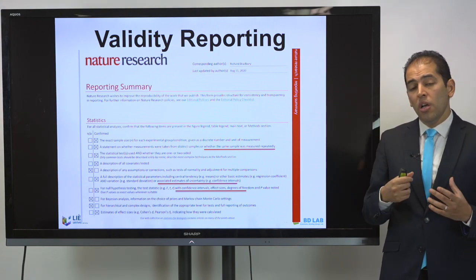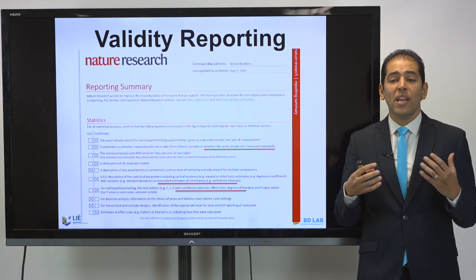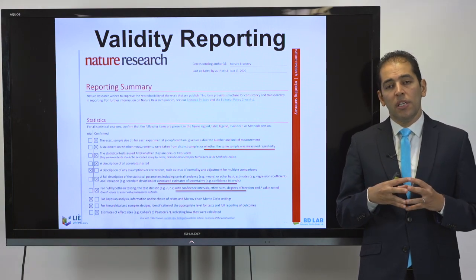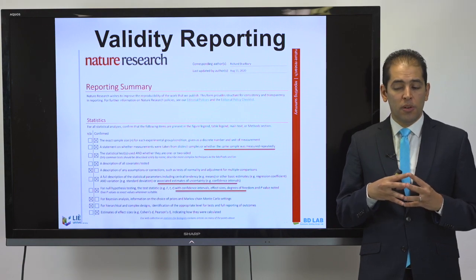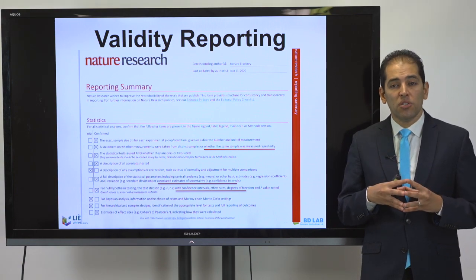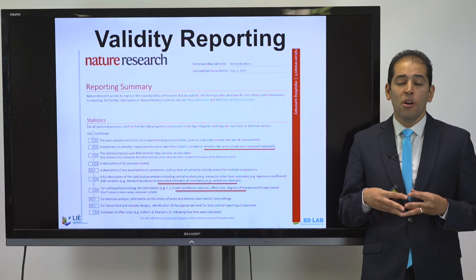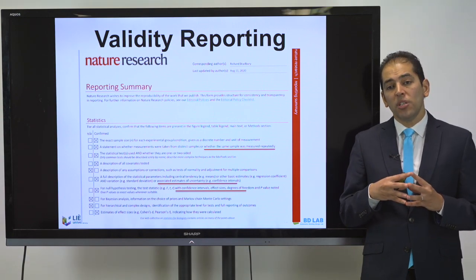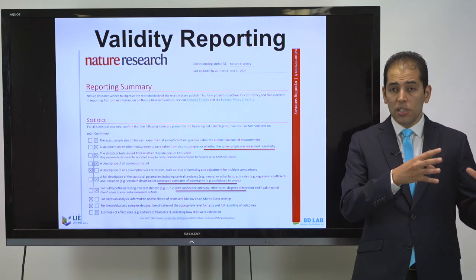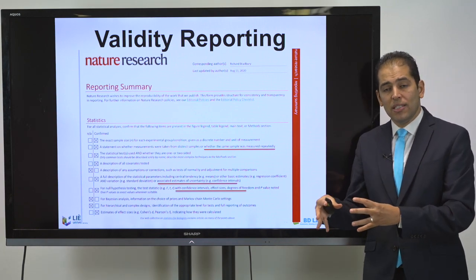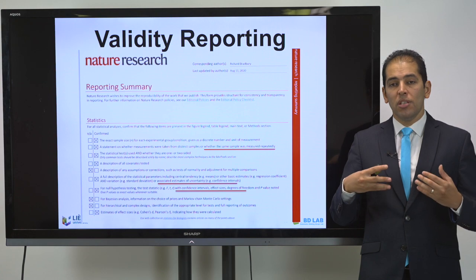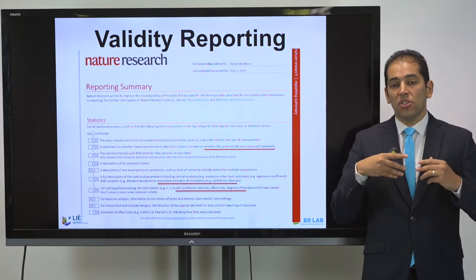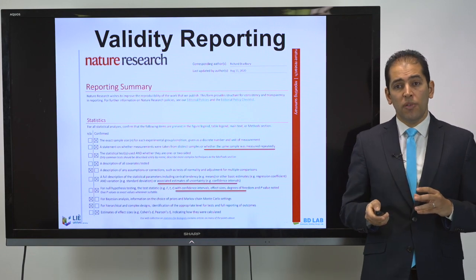So these are all requirements that you will find anyway if you are submitting an article in a highly reputable journal using observational research methods and statistical analysis. So early on you can use those two reporting checklists that I just presented on the data quality and on the statistical test quality to make sure that you'll be able to communicate the level of uncertainty, the range of error of your findings.